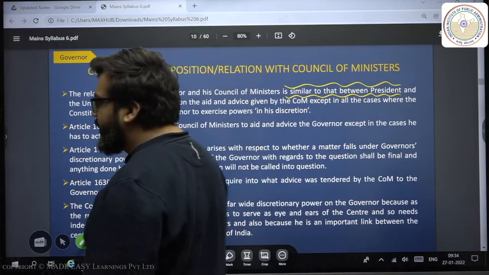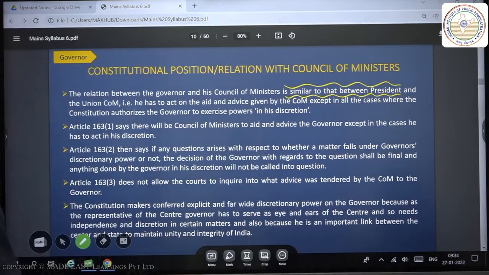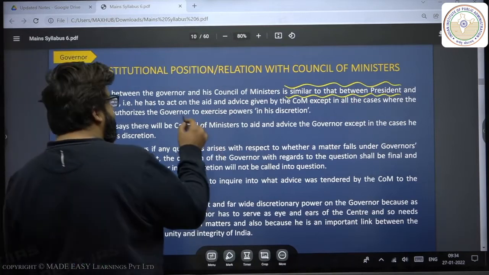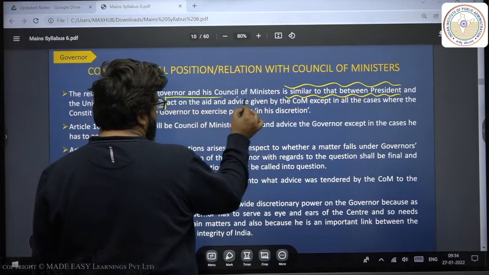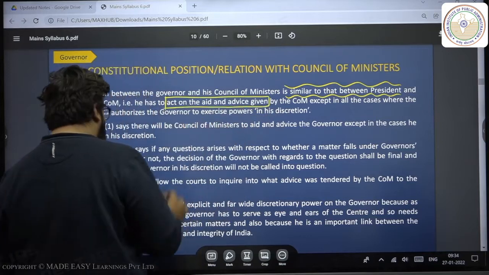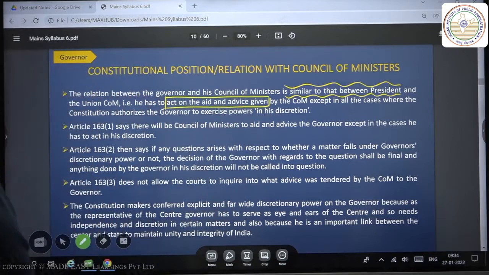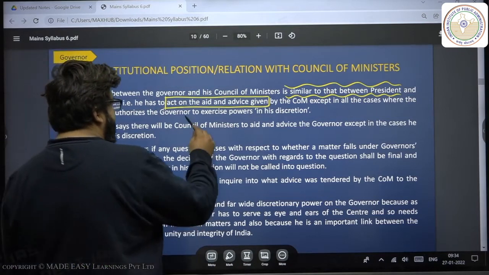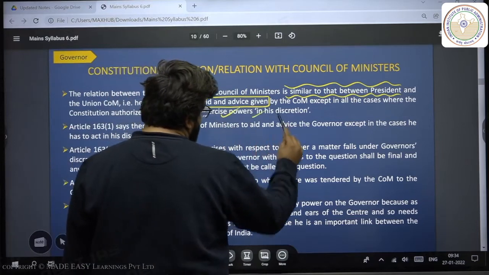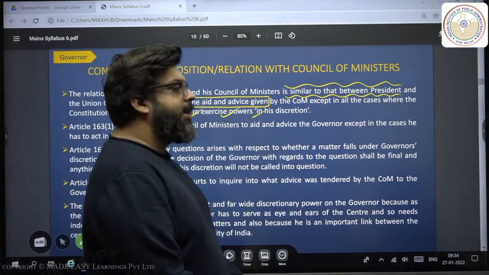And how the president works with the Council of Ministers at the center, which means that in most circumstances, the governor has to act on the aid and advice of the Council of Ministers, except in the cases where the Constitution has authorized the governor to exercise powers in their discretion.